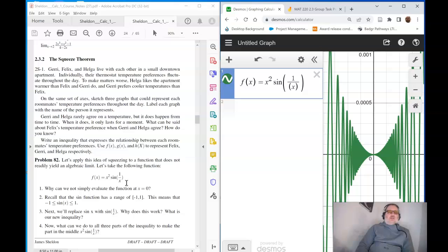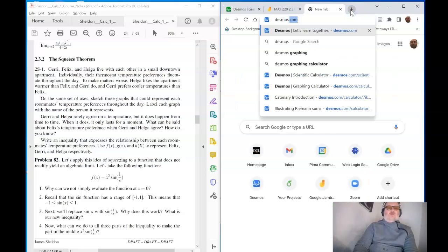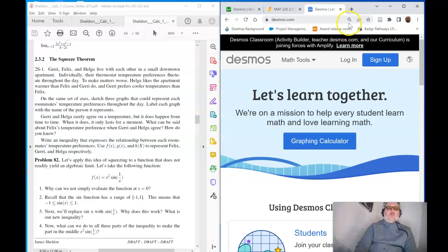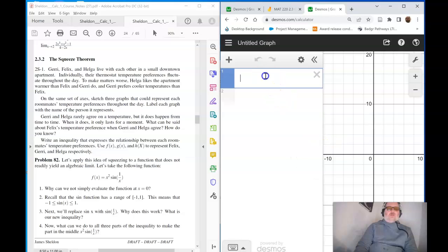So the first thing is we're going to just consider by itself the function sine x.